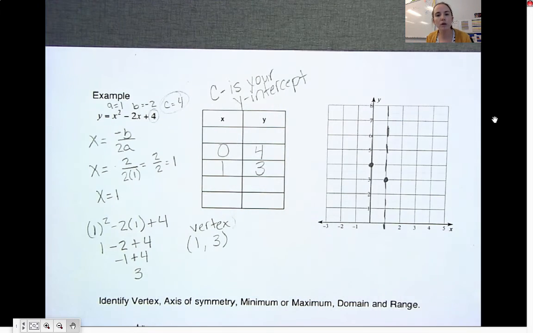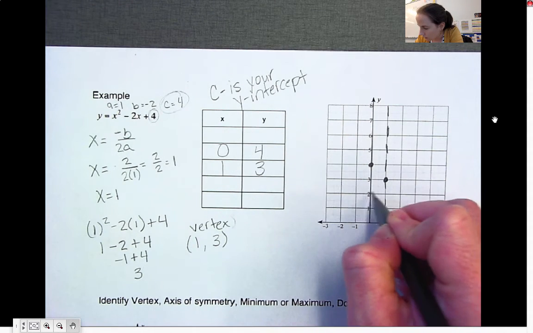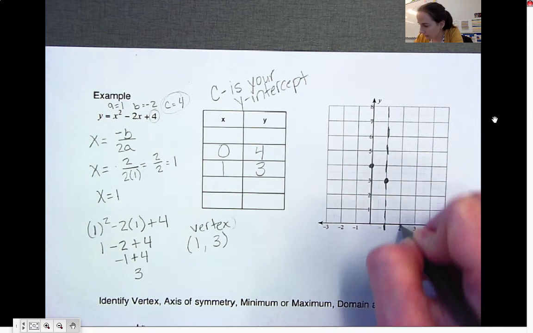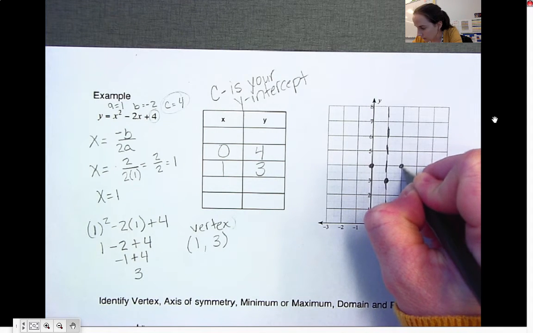Now, because we know that these graphs are symmetrical, you can say, well, what is my distance between these 2 points? So I only went 1 step over. So if I go 1 step to the other side, I should be in line horizontally. Now let's check and see.